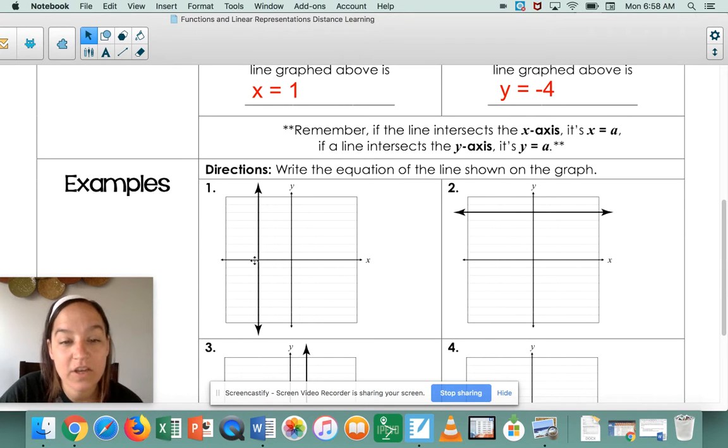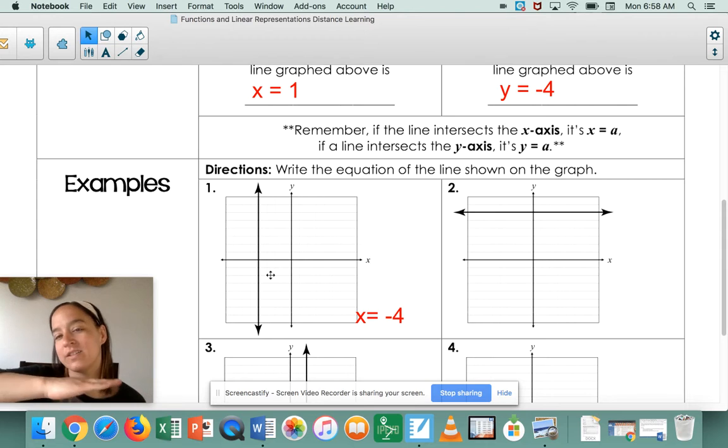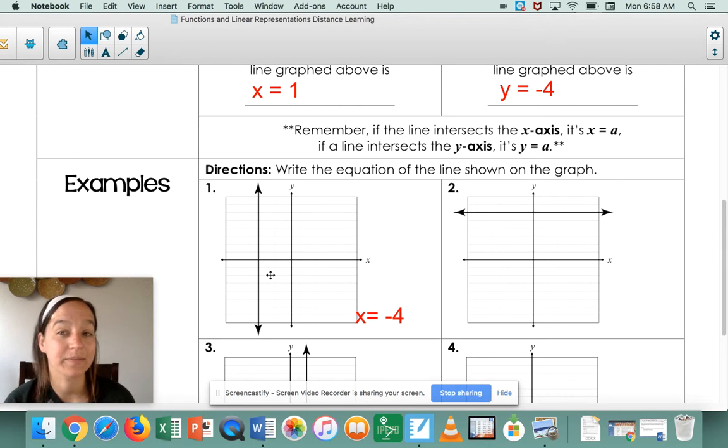And so if I look very closely, and it's very small on my screen, but x equals -4. 1, 2, 3, 4. And so x equals -4. So there you go. I just wrote my equation for the line. And it's as simple as that. The hard part is remembering vertical is x, horizontal is y.